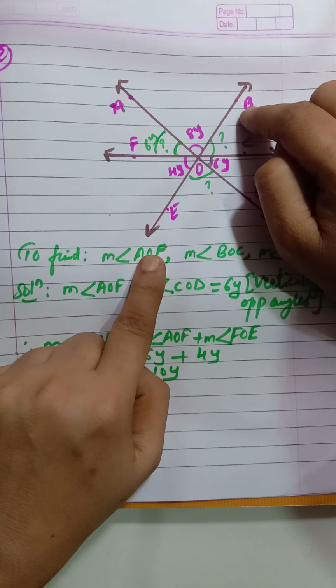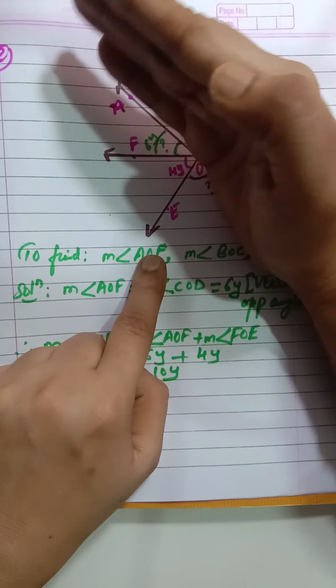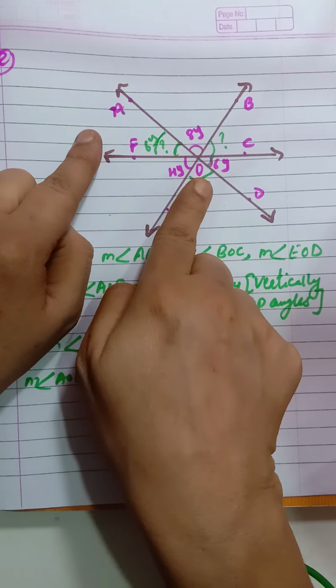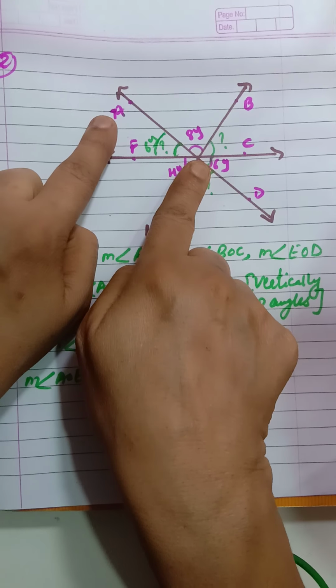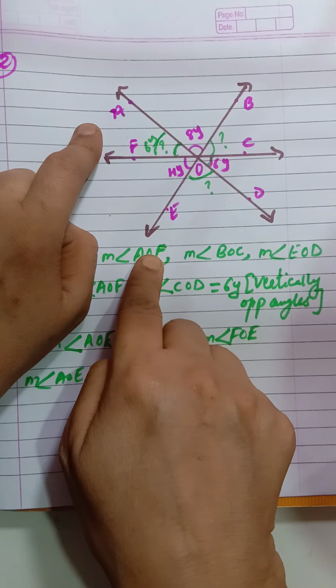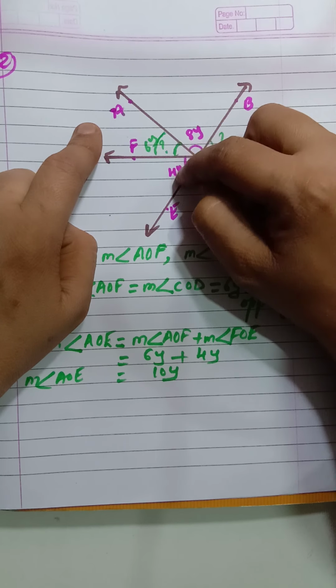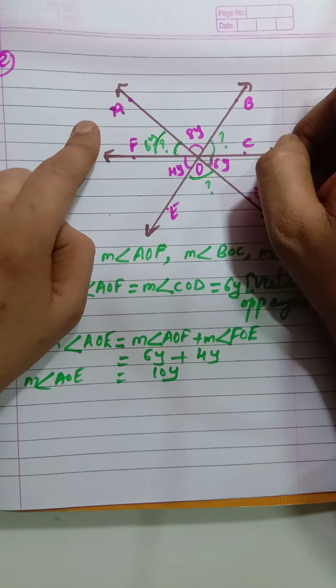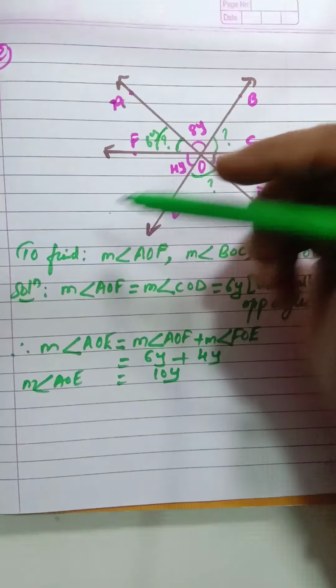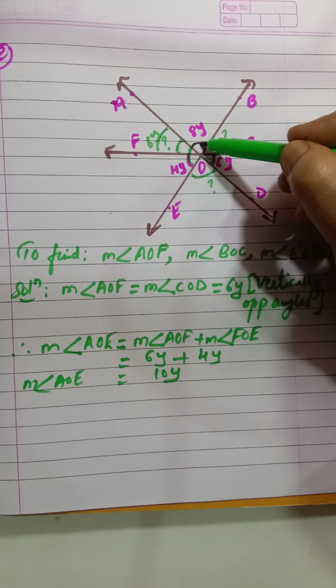Which arm is common? AO is common, and AOB, AOE, what type of angle is it forming? Nothing but a linear pair, right? It is forming linear pair children.